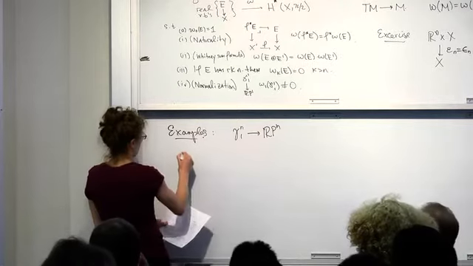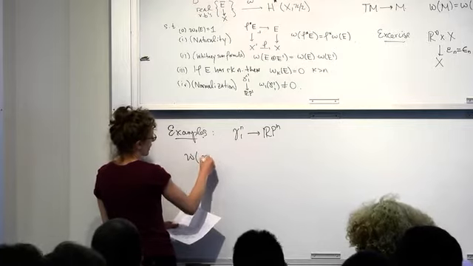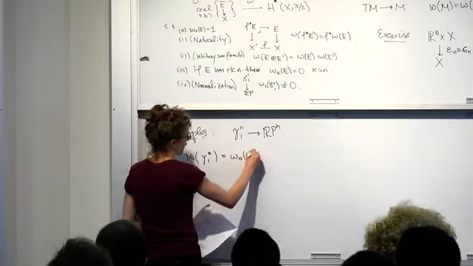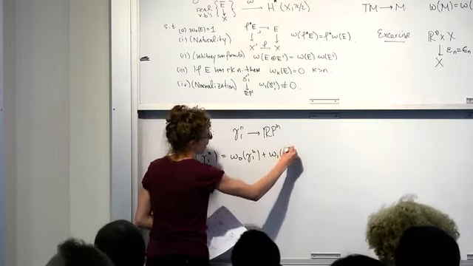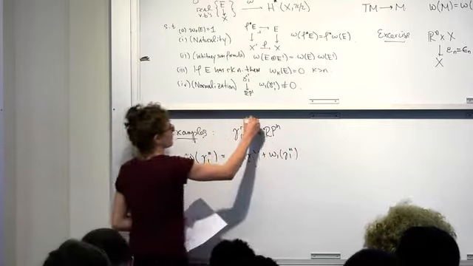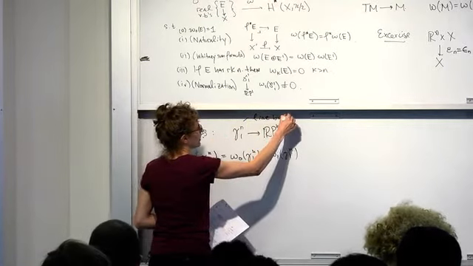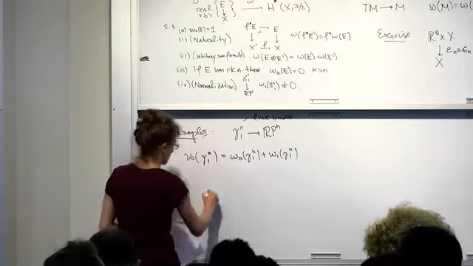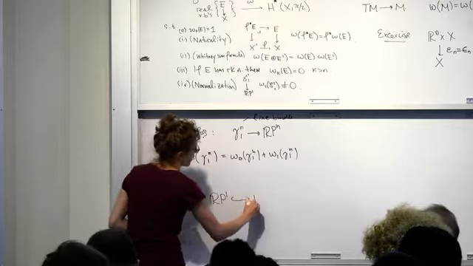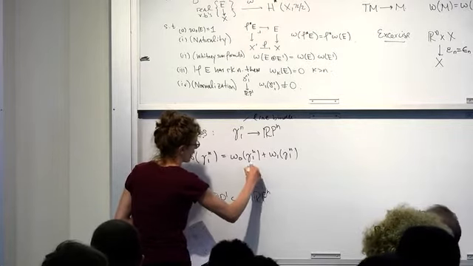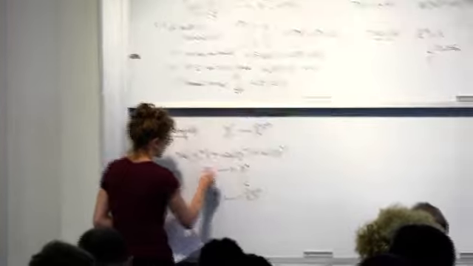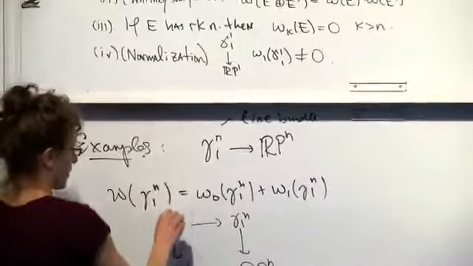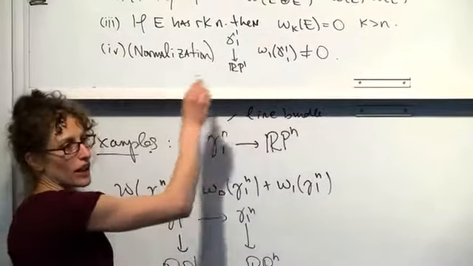So we want to look at the total Stiefel-Whitney class of this thing, okay? Well, that's W0 plus W1 of gamma 1n, and there's nothing else because this is a line bundle. Right? Okay, dimension 1. But there's an inclusion of RP1 into RPN, and gamma 1n pulls back to gamma 1, so gamma 1, 1 here. Okay?